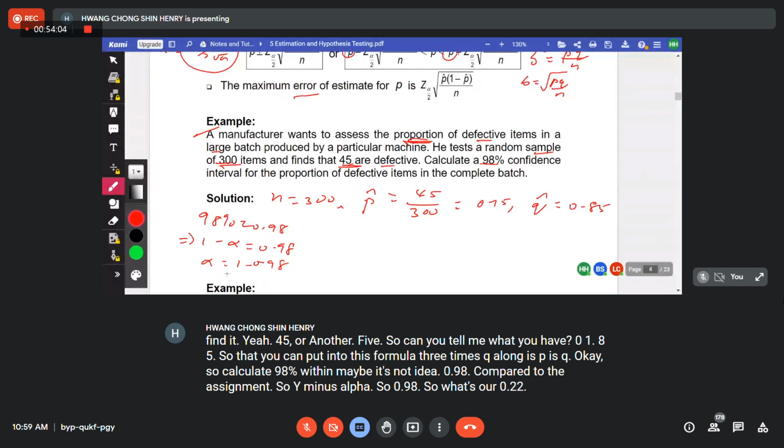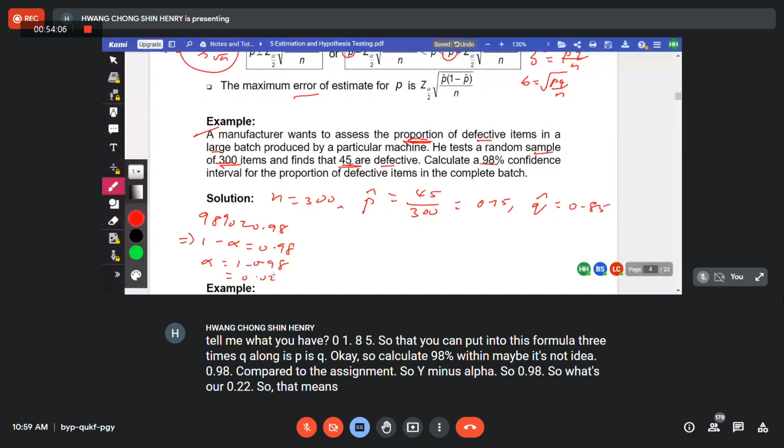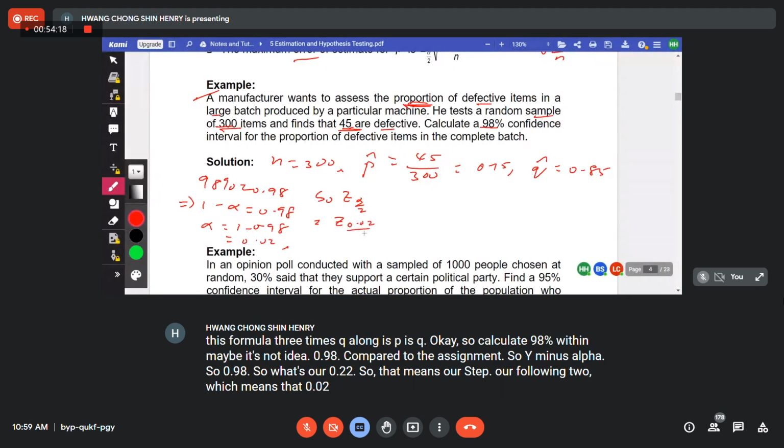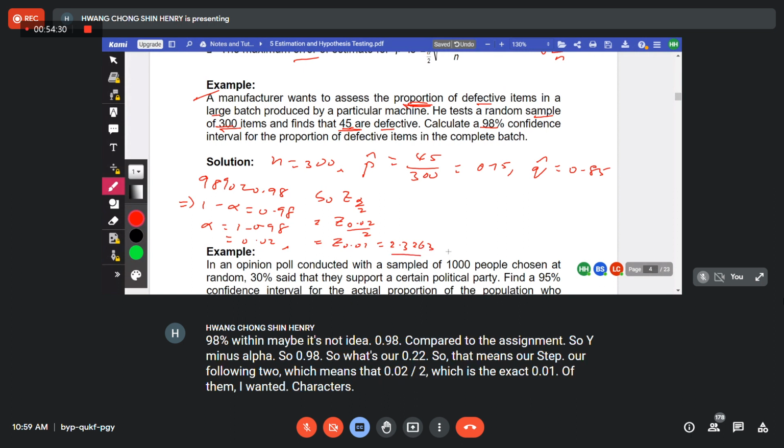So we set alpha over 2, which means 0.02 divided by 2, which is z 0.01 from the normal table. What do you get now? 2.3263. Everyone get this?